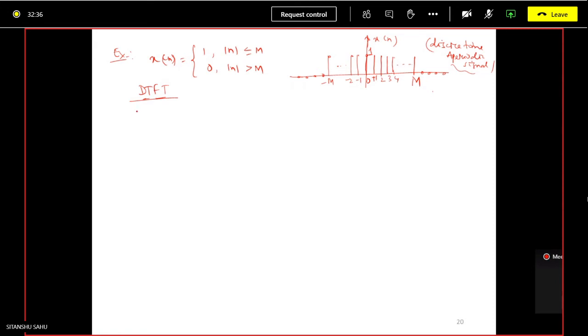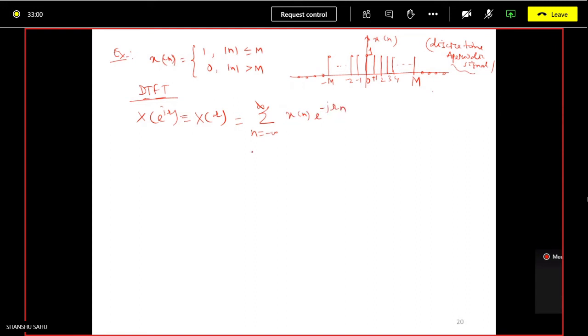As you discussed, the DTFT can be written as X of e to the power j omega, or in many books you can also find X of j omega. Omega is the frequency information, and this will be nothing but the summation n equal to minus infinity to infinity of x of n e to the power minus j omega n.